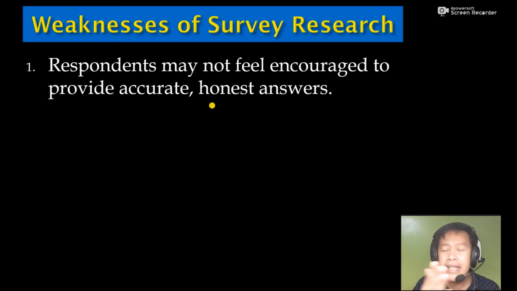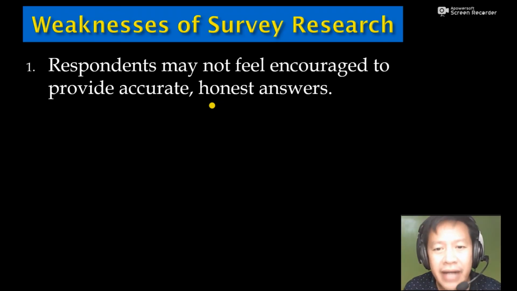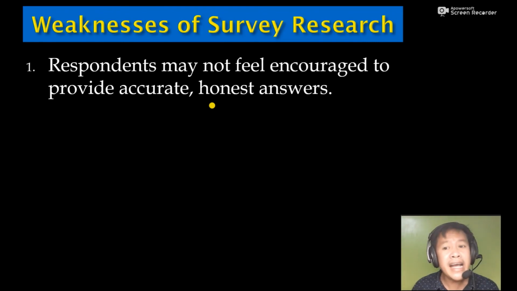That is one of the weaknesses of survey research, because they are not really encouraged, because the issues being tackled might not affect their personality. That is why they are not interested and they are not encouraged to provide accurate or honest answers. And that is one of the weaknesses.